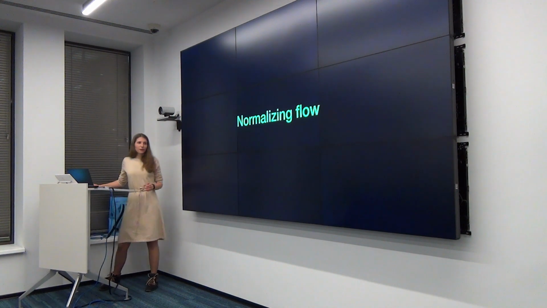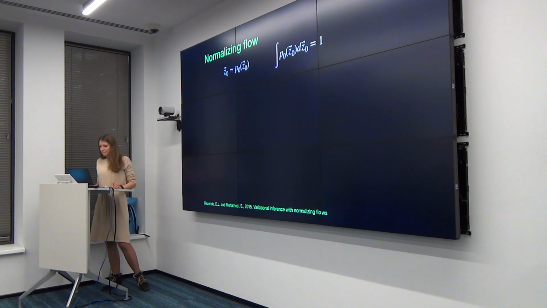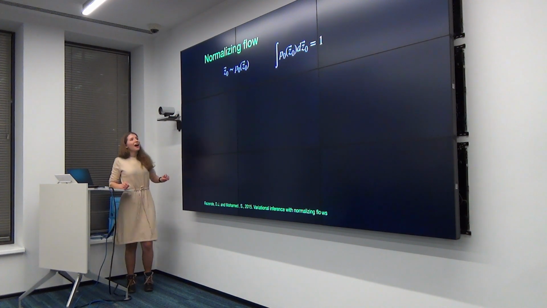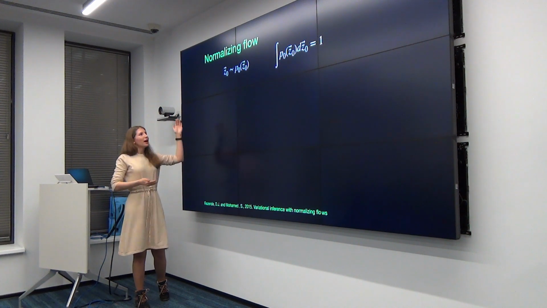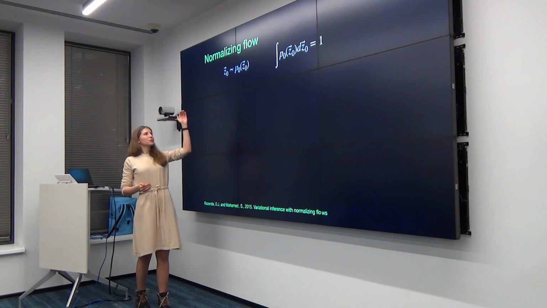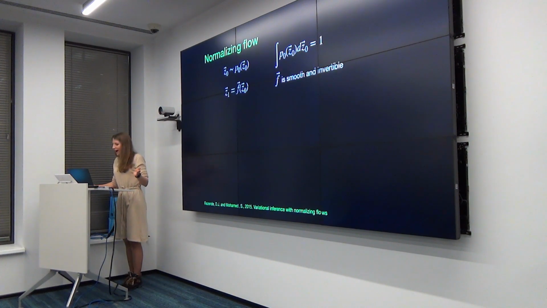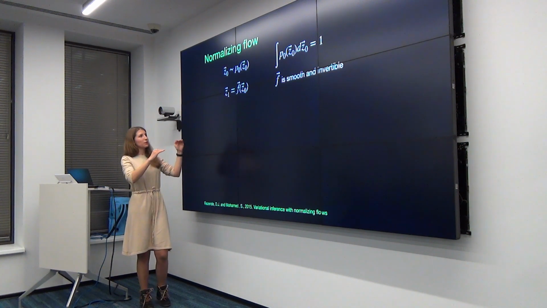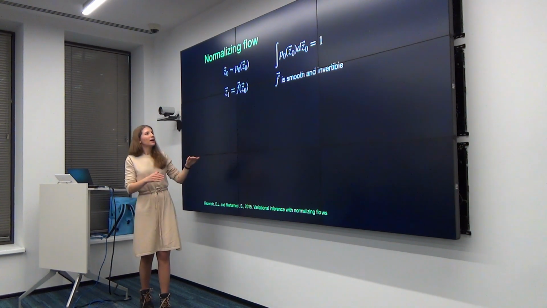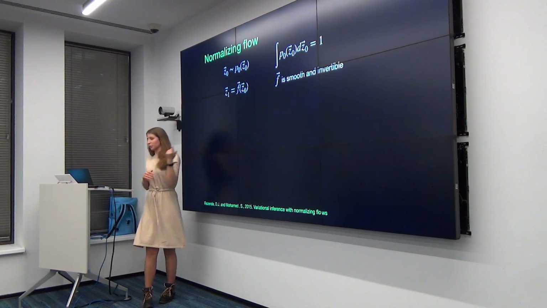Now let's talk about normalizing flows. What is it? We have a random vector with distribution P0. And we have another vector which is a function of the initial vector, and this function is smooth and invertible.